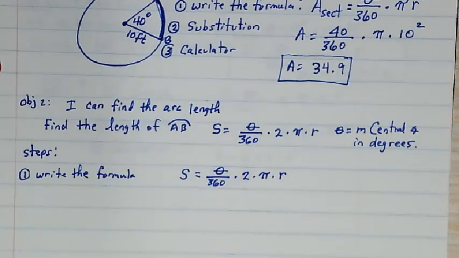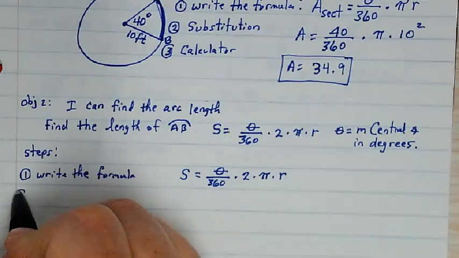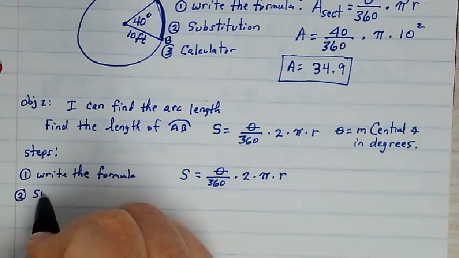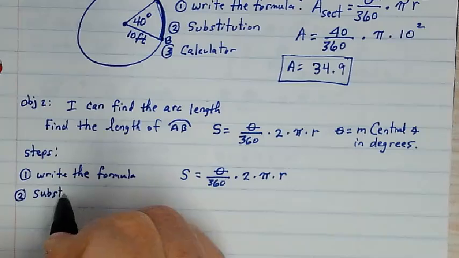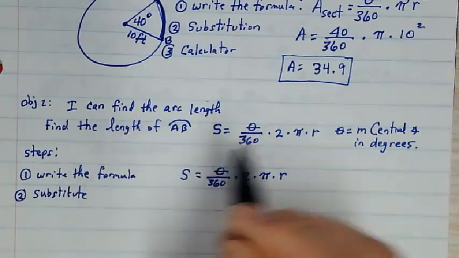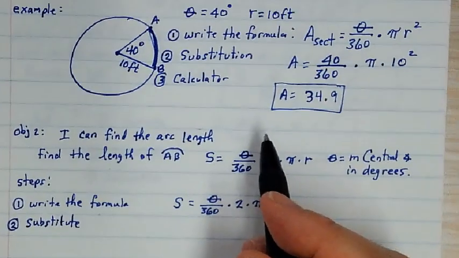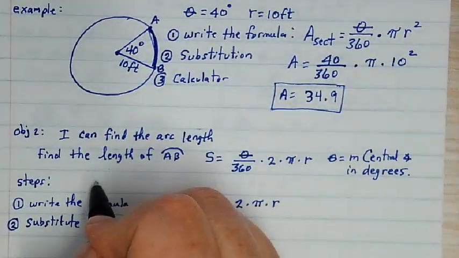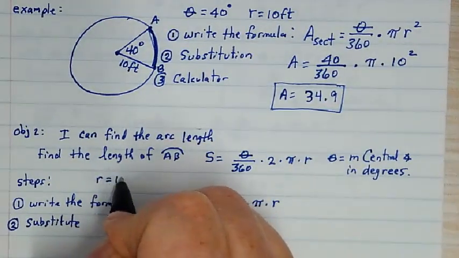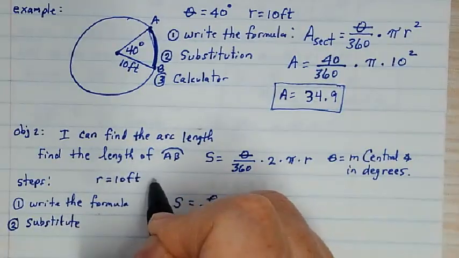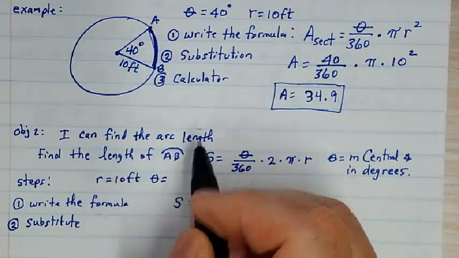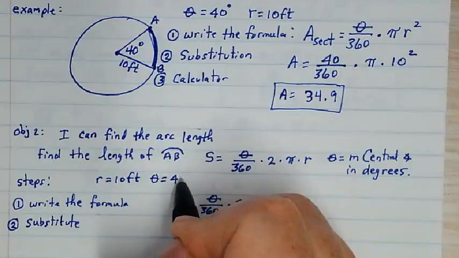All right, cool. Now, step 2, we're going to make the substitution. So I'll just put substitute. When I say substitute, remember, if you look at the circle, the radius is still 10 feet, and theta is still 40 degrees, the measure of that central angle.